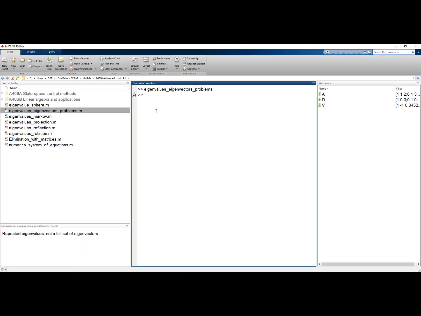So here's the matrix A that we have considered. It's very easy because it's upper triangular and we have the eigenvalues here on the diagonal. Let's have a look at D. Of course, D is 1, 1, 2, so indeed the eigenvalue 1 is repeated and the eigenvalue 2 is single.